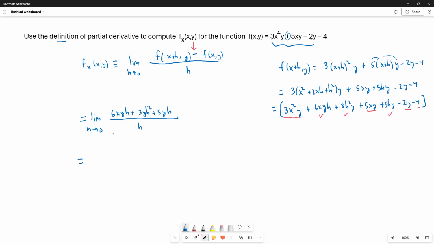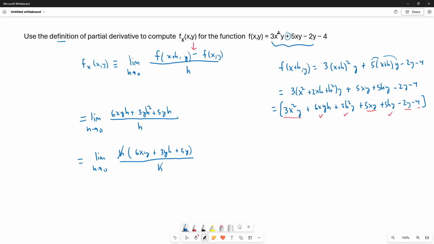And dividing by h. So each of these three terms has an h. We can cancel that h with the h in the denominator after we factor it out. So we'll factor that h out. It'll be h times 6xy plus 3yh plus 5y divided by h.